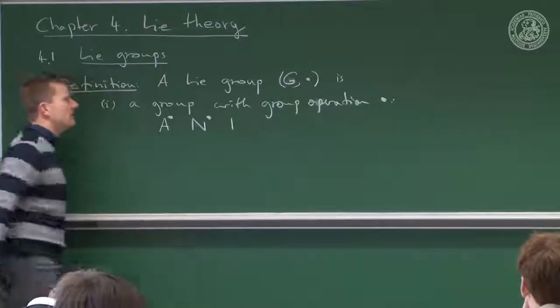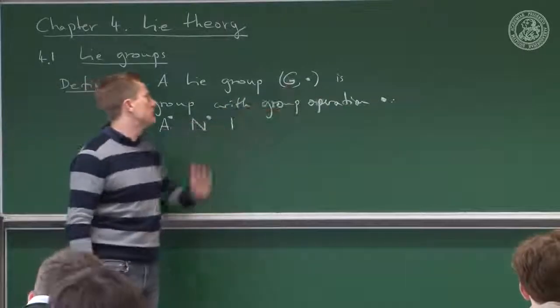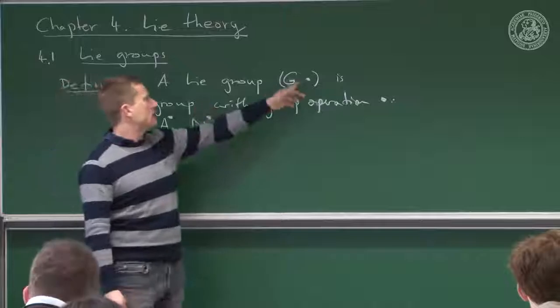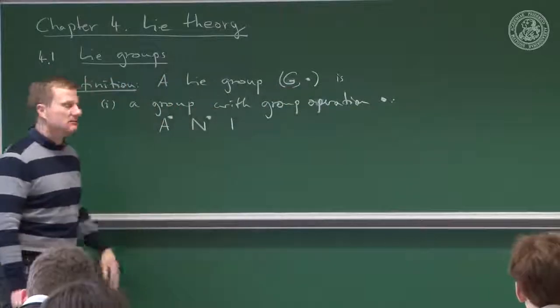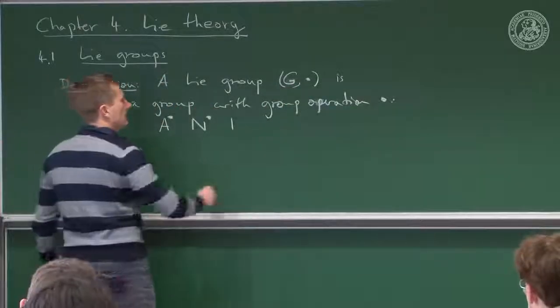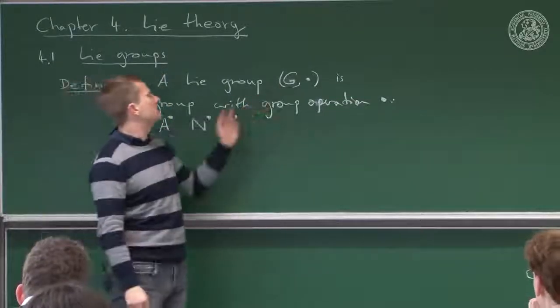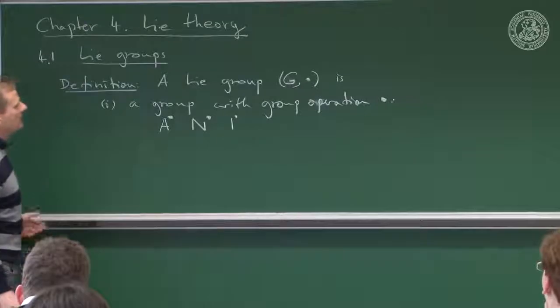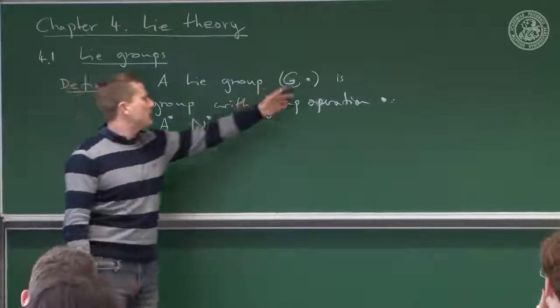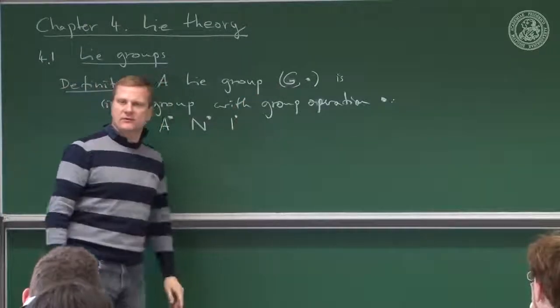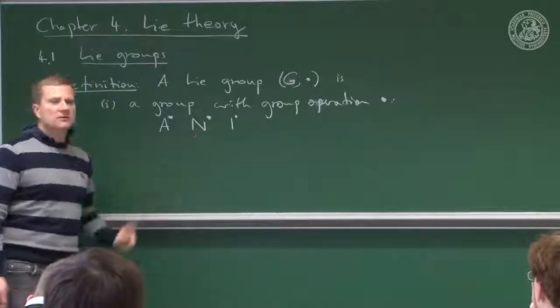There's a neutral element in G such that that neutral element blobbed with any other element yields that other element again. And there's an inverse element. For each element in G, there is an inverse element such that taking the element and blobbing it with the inverse, you get back the neutral element.